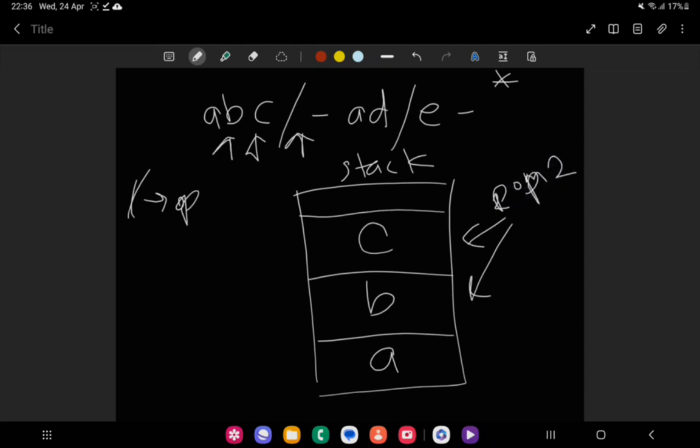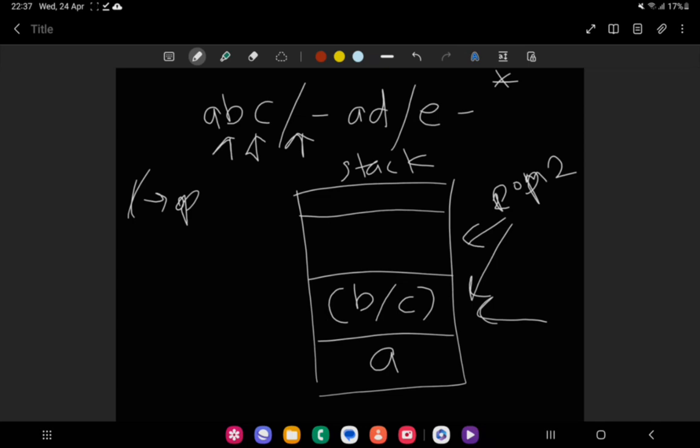Then we only have A in the stack. Then we combine them. So we have B slash C, with the operator between B and C, right, and we push that combined expression into the stack.